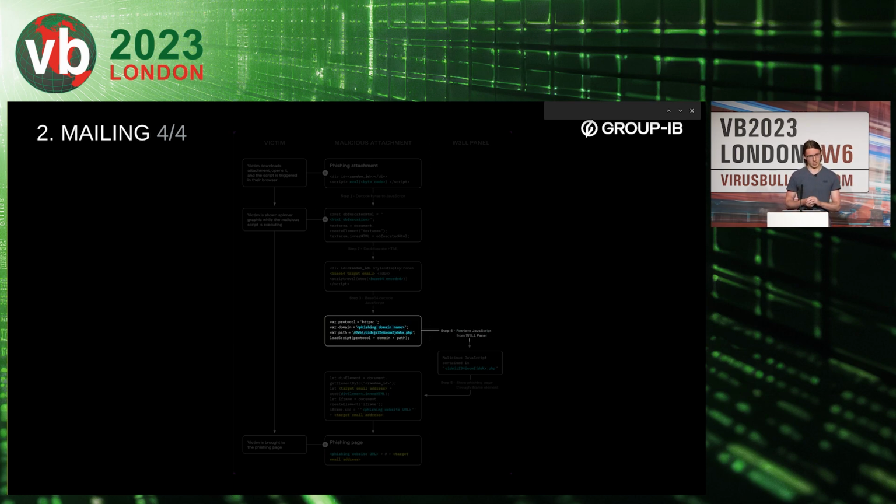But the new attachment actually contacts the phishing website, the place where the phishing kit is hosted. And it will make a call to it requesting a JavaScript payload. So once you have the attachment, you don't have all the code. You need to actually retrieve the interesting bits from the phishing kit itself. So essentially, it just grabs a payload from the phishing kit.